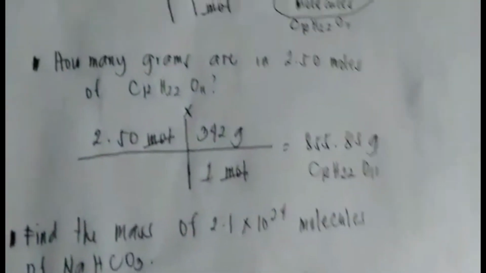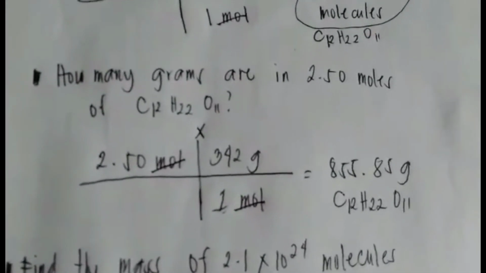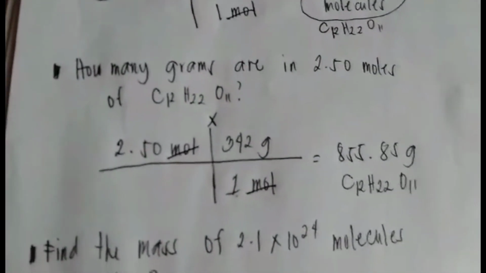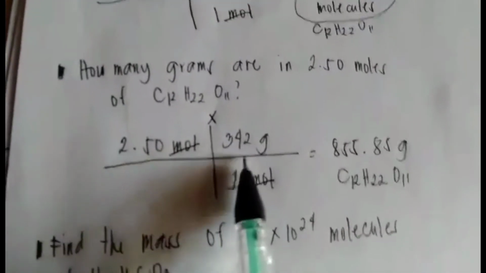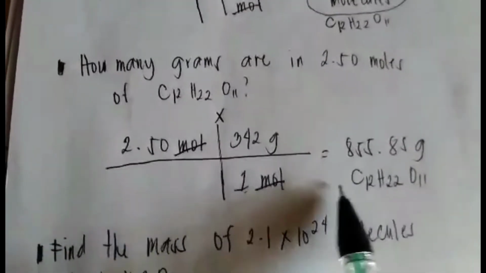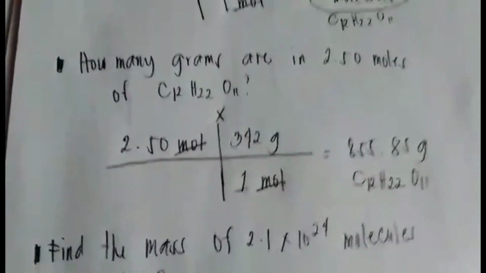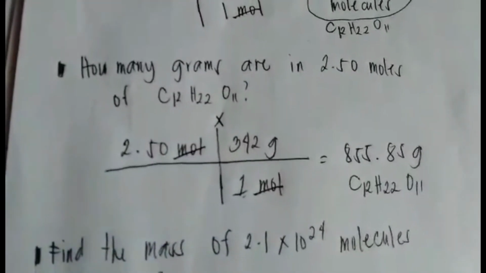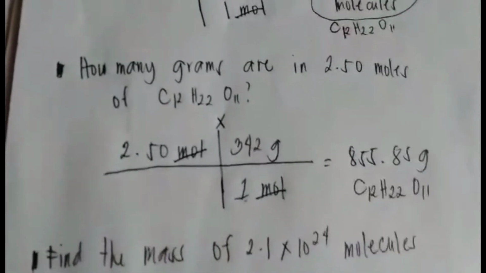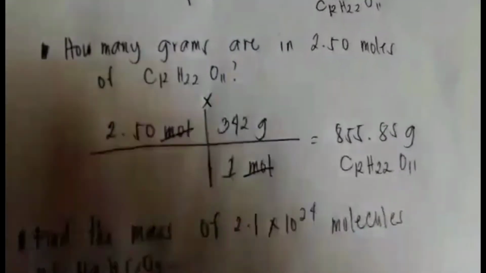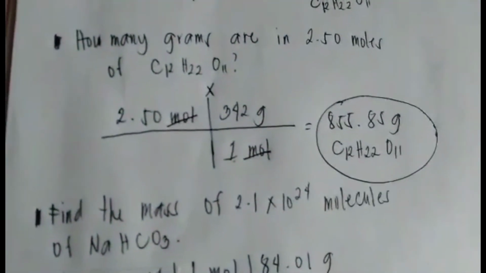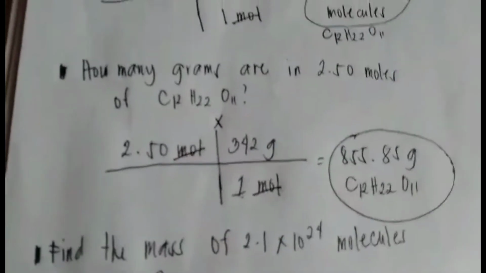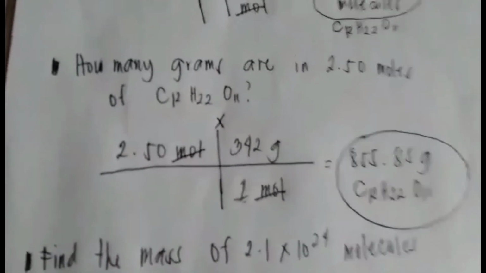The next thing you do is multiply 2.50 by 342 grams and you will get 855.85 grams. So C12H22O11 has 855.85 grams. That's all, and that's the final answer.